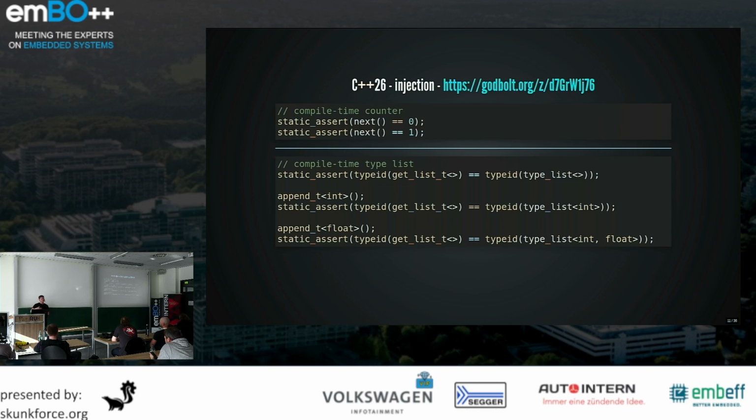But imagine that you have a global state, and you just add in, as you go with the code, push back, push back, push back, push back, and after that, at some point, you want to get the type list, what is at the end of that file. And that will be what is encountered in the file. So normal ifs won't affect that. If you have if something, that will still be encountered by the compiler, so it will be added to the type list. So it has a lot of interesting use cases.